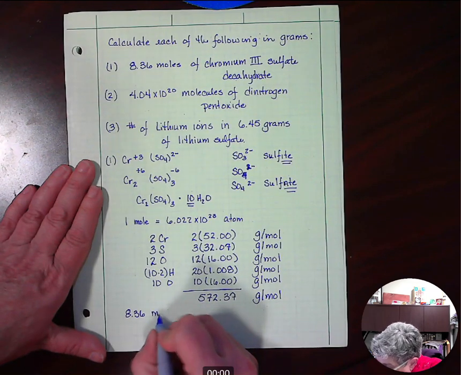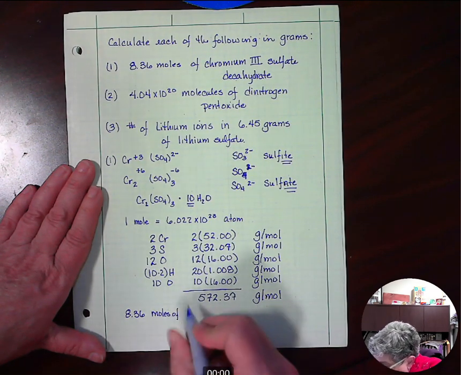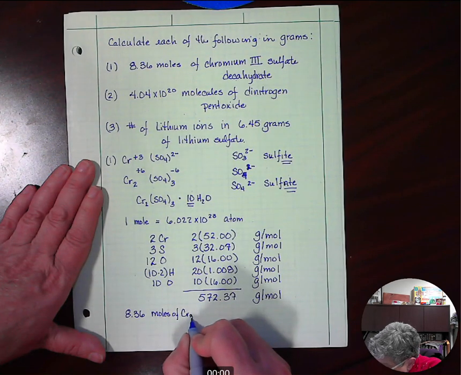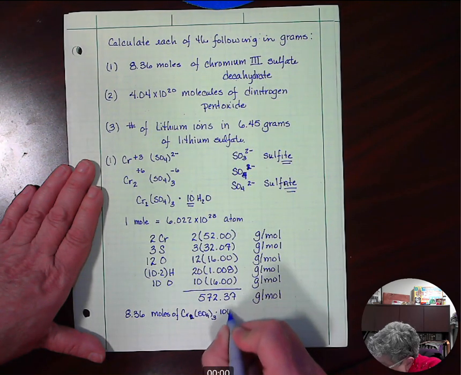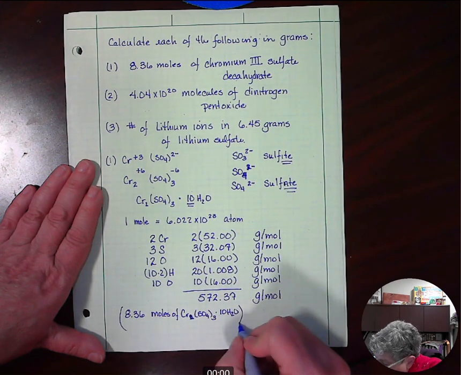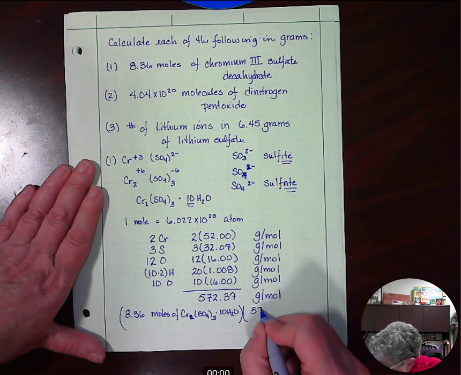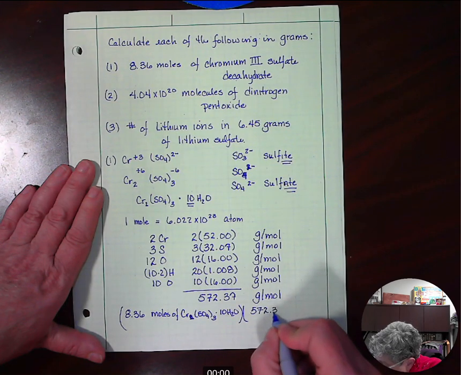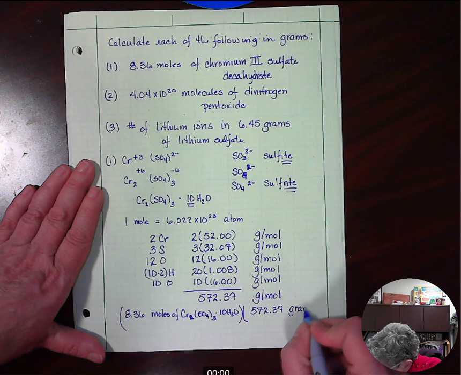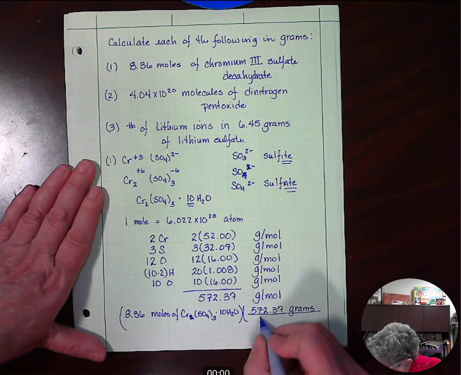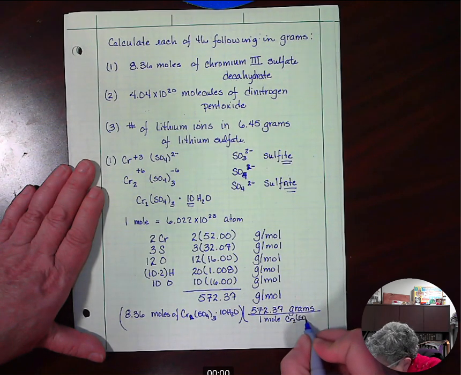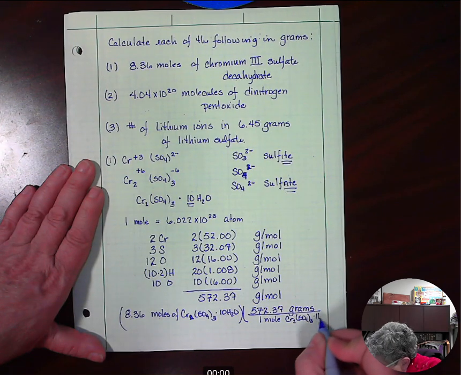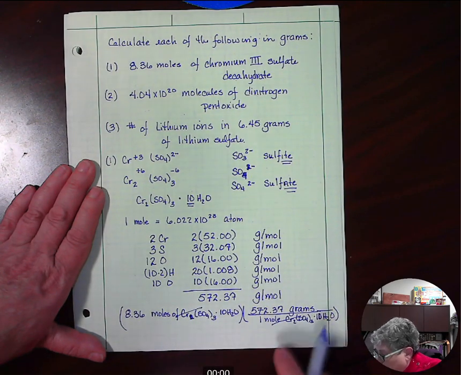And this is 8.36 moles of our chromium sulfate decahydrate, and there are 572.37 grams for every 1 mole of my chromium 2 sulfate decahydrate. This will cancel that, and I'm going to be left with grams.